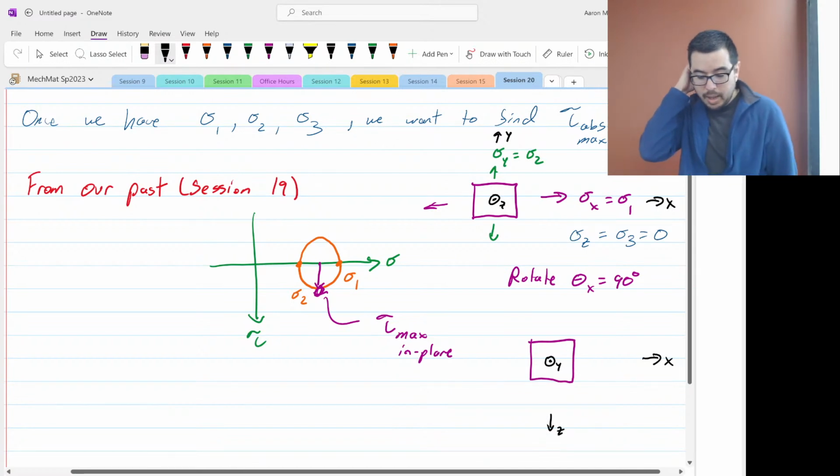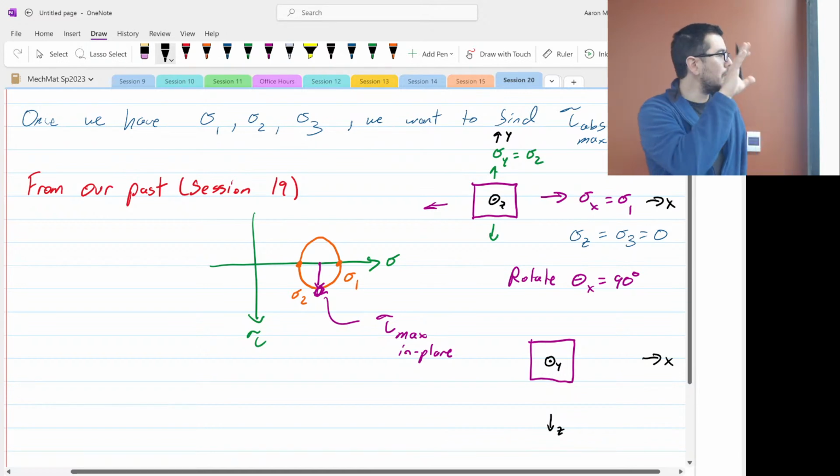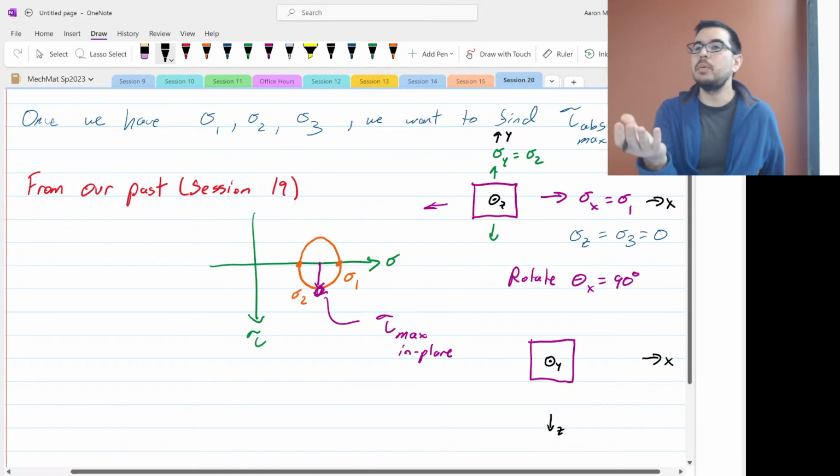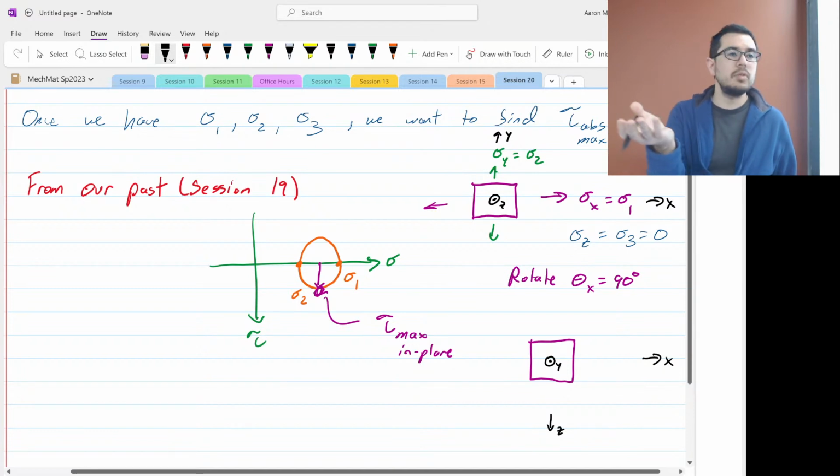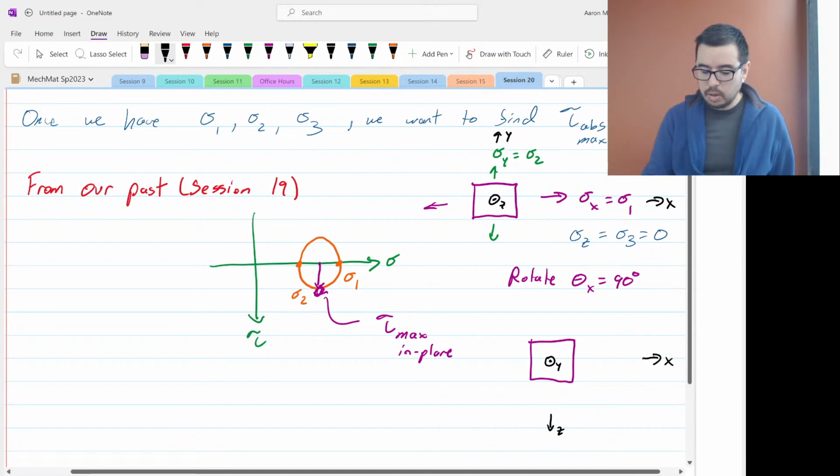So what happens here? It's maybe limited in our perspective to just look at the paper and say that's a plane and that's the stress we're interested in, but that's what we're really doing right here. When we look at sigma x, it's still sigma x going to the right and left.